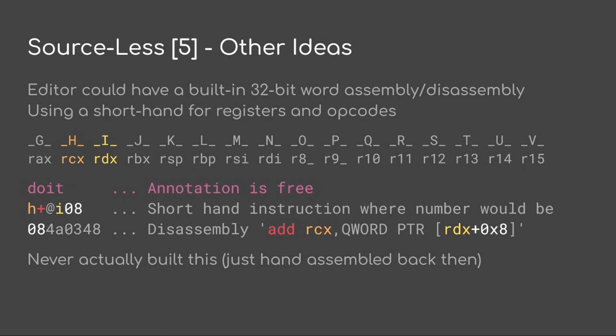In this case, I have H plus at I08, which is going to disassemble to add RCX quad word pointer RDX plus 0x8, which we can shorthand very easily. And so I could have an editor that would show you either the disassembly or show the shorthand instruction for it. And that would aid in the understanding and ability to insert stuff without using separate tools.